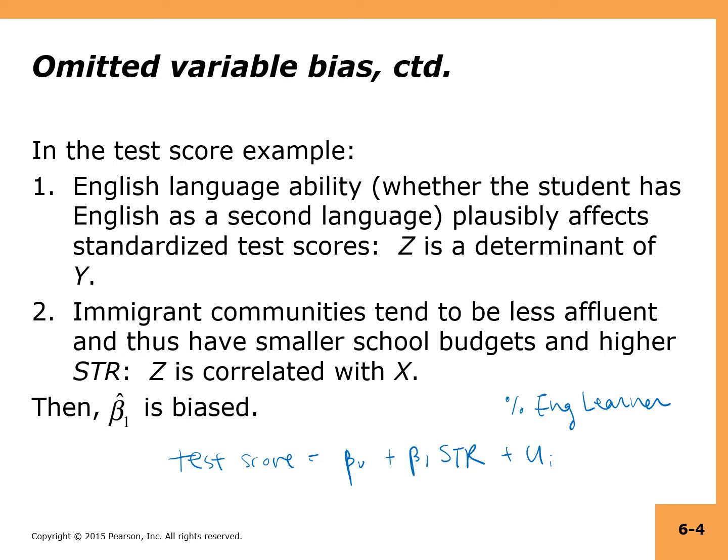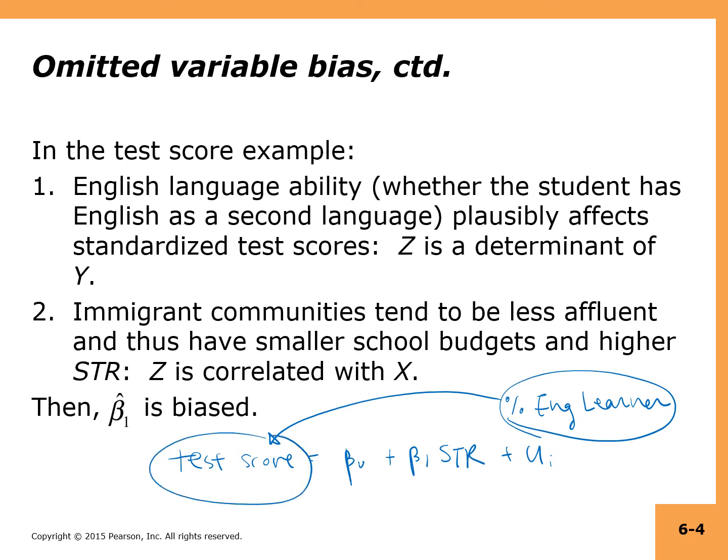This percentage of English learners can directly impact the test score, because if a larger percentage of students are trying to learn English, then maybe the test score can actually be lower. So the first condition is met. Z, which is the percent English learner, is a determinant of Y.